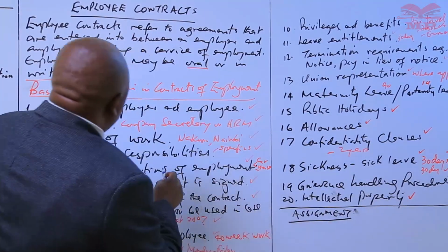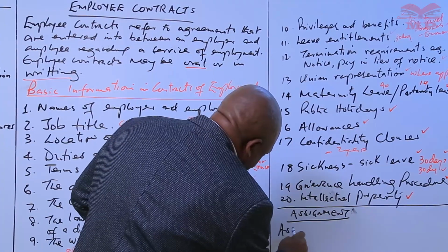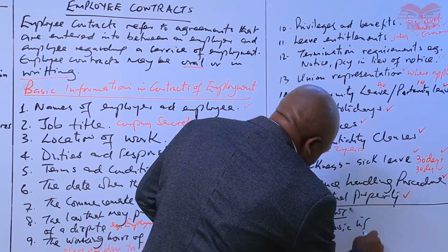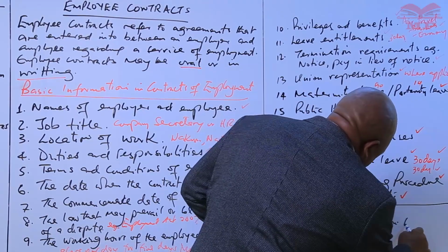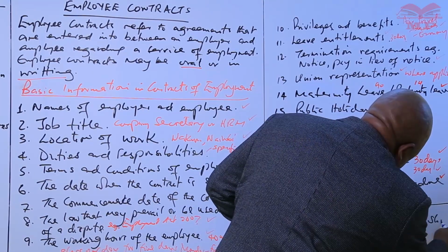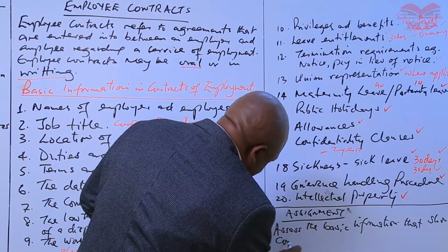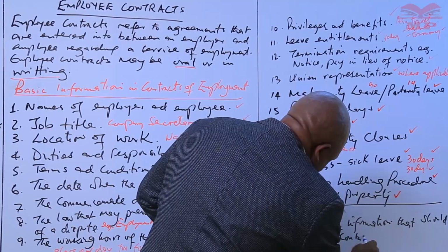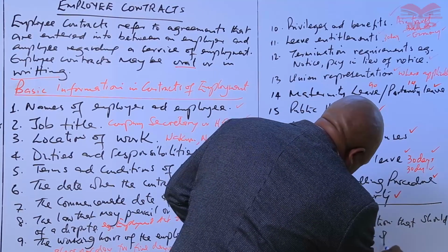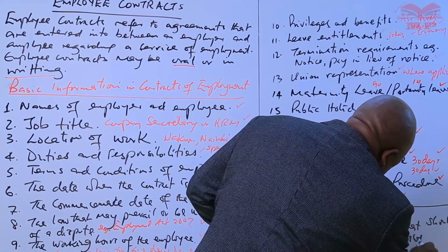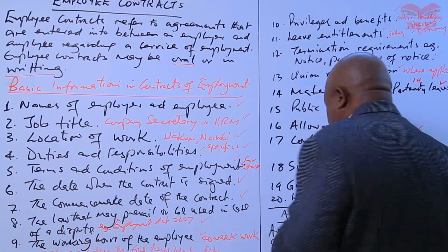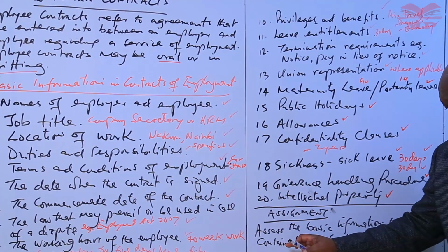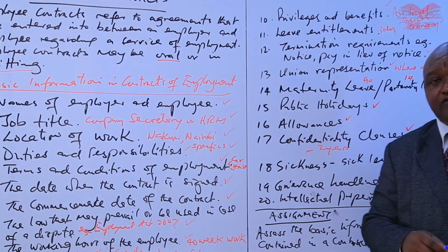And your assignment is assess the basic information that should be contained in a contract of employment. So dear learner, this is your assignment for today's lesson. Assess the basic information that should be contained in a contract of employment.